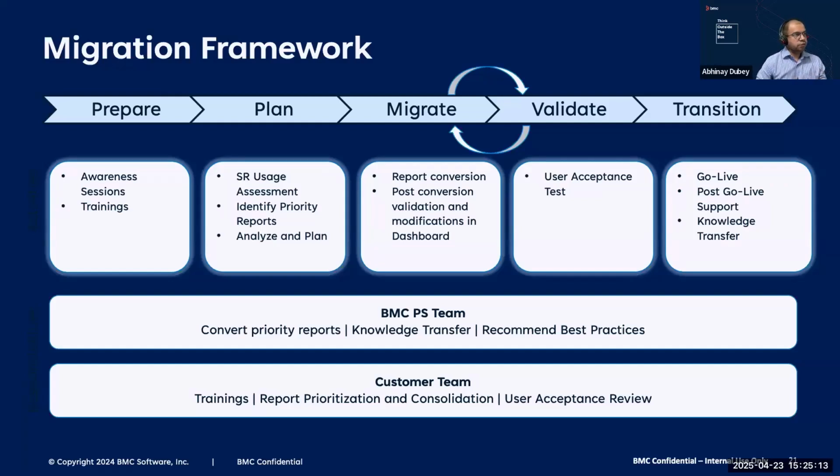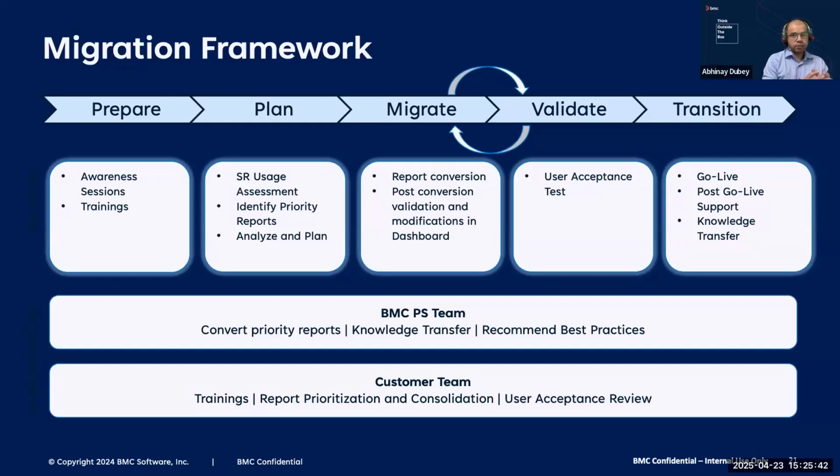Next, once you know what kind of usage there is on the smart reporting side, you can start working on a plan based on the priorities. So what are your top priority reports and so on, and then plan for each of the reports what you want to do, recreate or migrate as is.